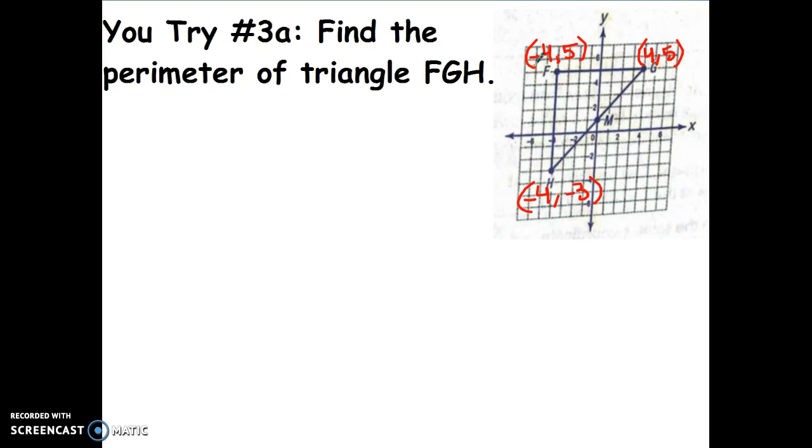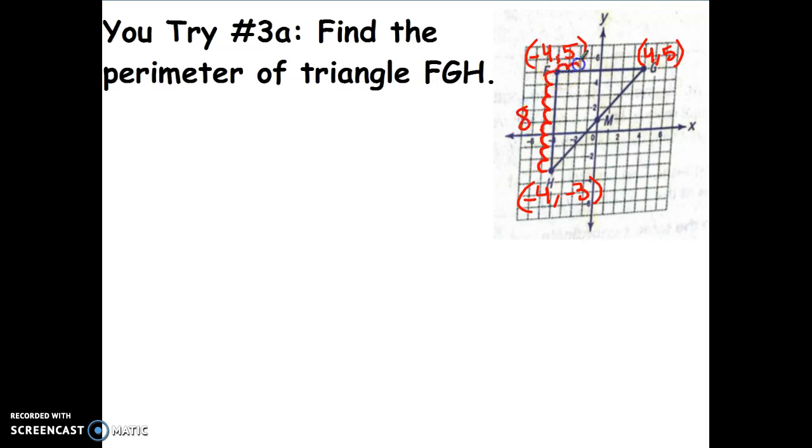We need to find the perimeter of this triangle. Just like in the last problem, I'm going to look for any vertical or horizontal lines, and I do see some of those. I'm going to find the length of this line segment by simply counting: 1, 2, 3, 4, 5, 6, 7, 8.